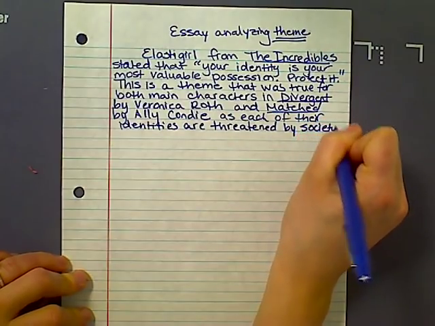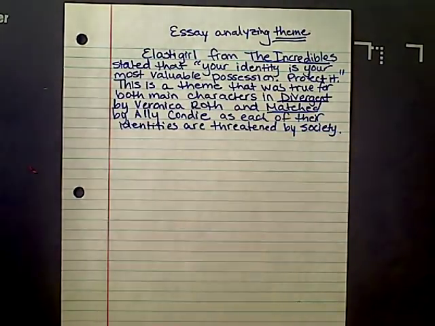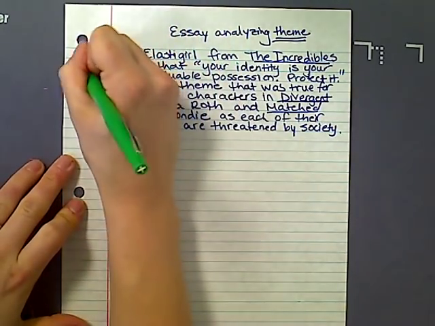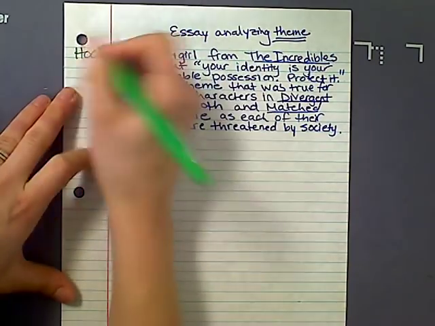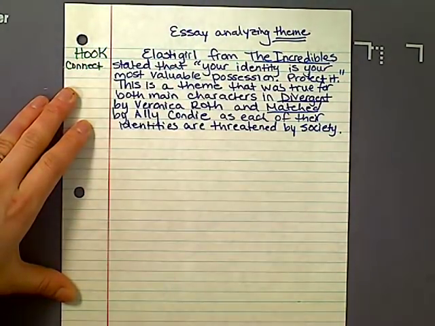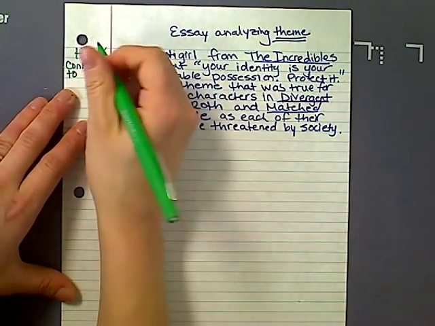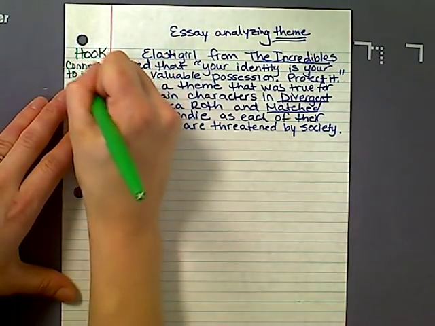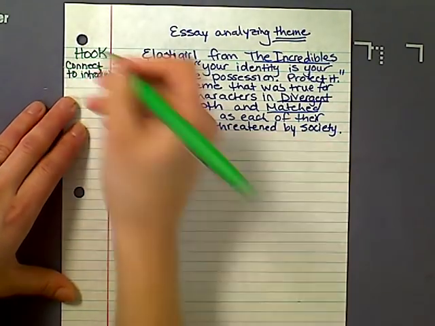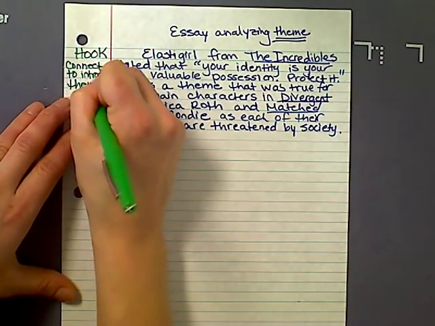Okay, so just a quick recap of what I did here. A lot is going on. I've got a hook, then I connected my hook to introducing theme, because that's what I'm analyzing.